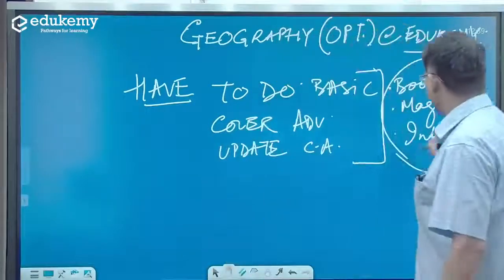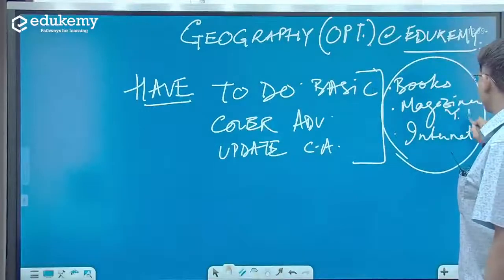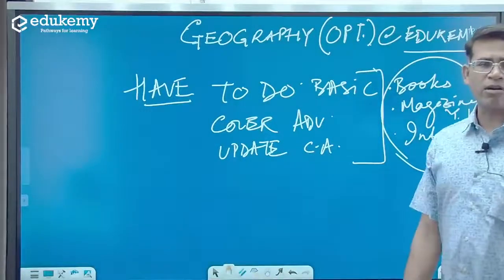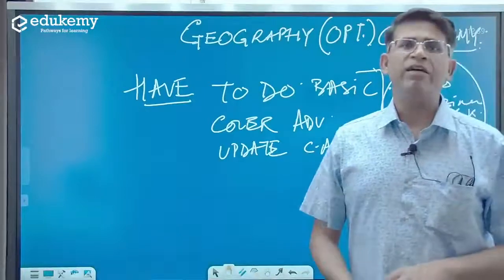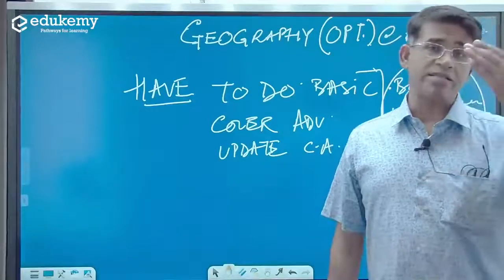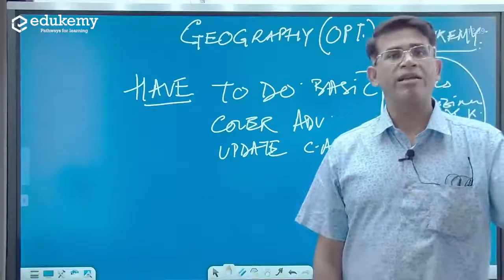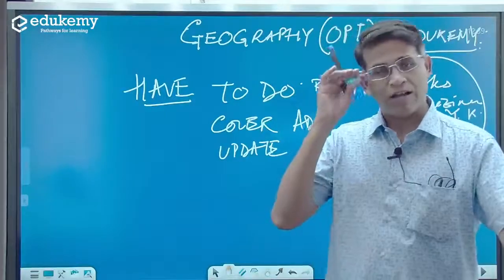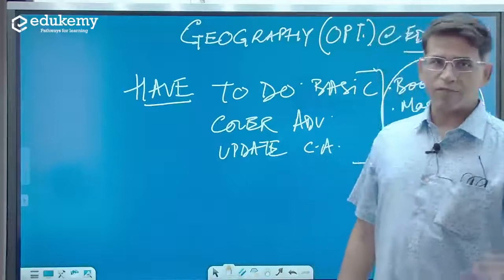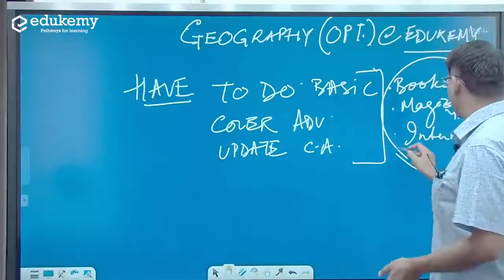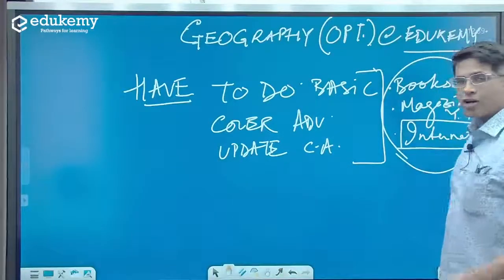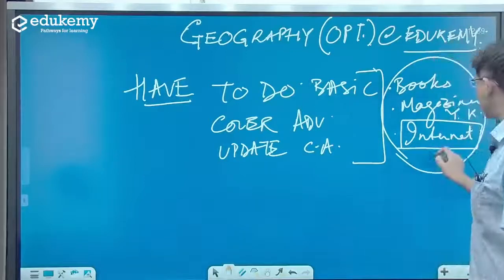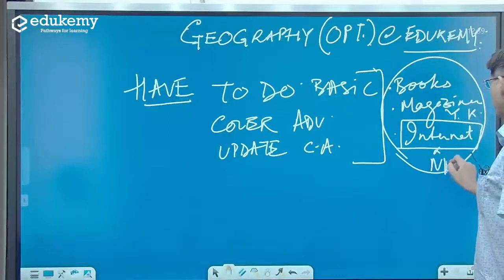We'll talk about magazines like Yojana and Kurukshetra, which are very, very important. One magazine that we have solely for geography, which also has relevance otherwise, is a magazine called Geography and You. In some of these magazines, a lot of current issues are covered. And of course, a lot of geography development, a lot of geographical news is on the internet and also in the newspapers.